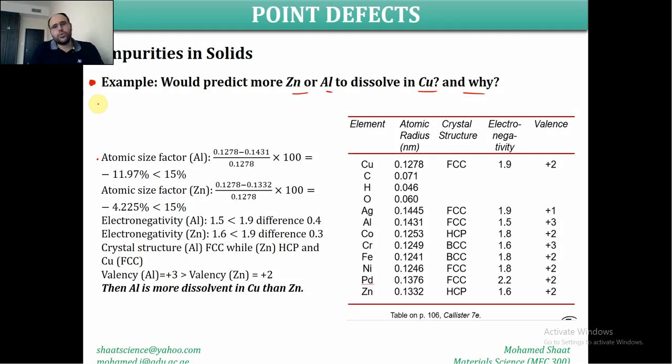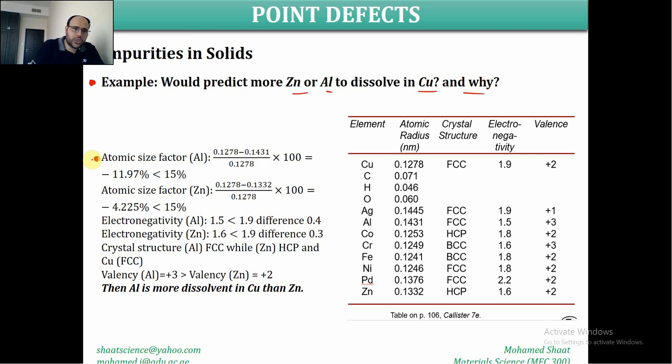The last example: would you predict more zinc or aluminum to dissolve in copper, and why? So the copper will be the host material, the solvent, and the impurities will be either zinc or aluminum. We would like to judge which can be dissolved more easily in copper than the other candidate material. So we have 4 conditions.